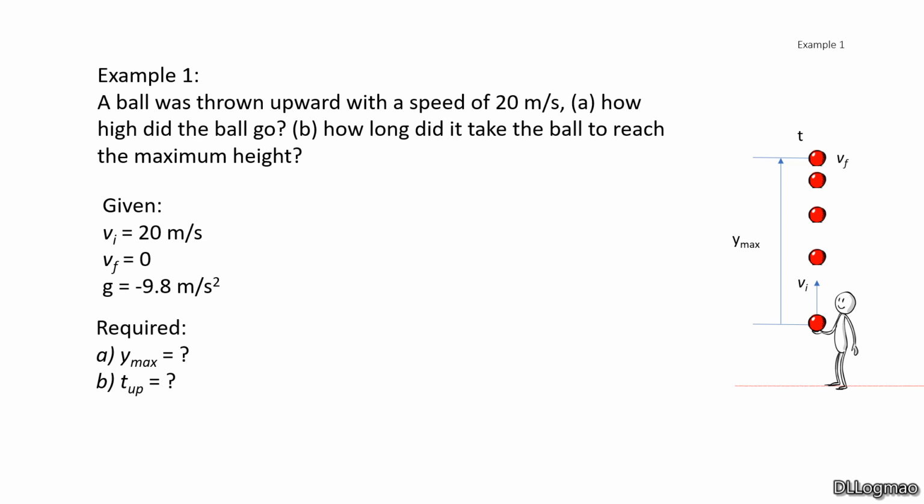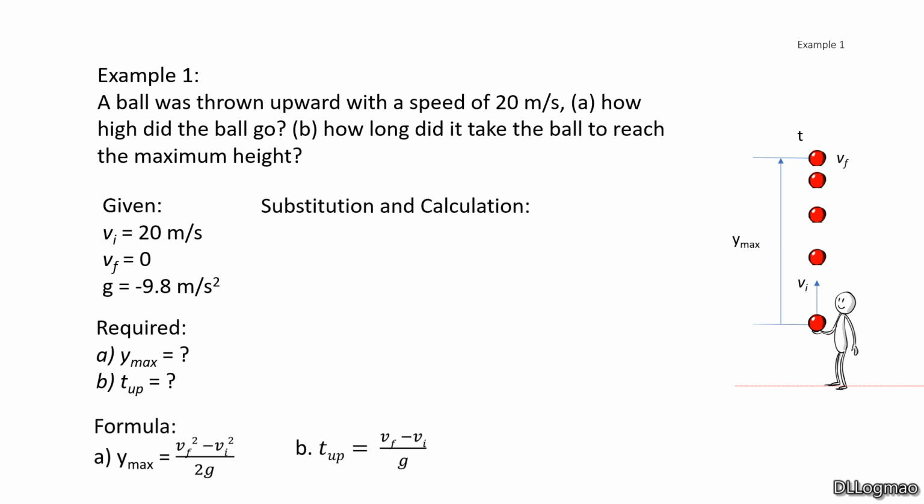The formula to use in computing for the required are: for letter A, y sub max is equal to the ratio of the difference in the squares of final velocity and initial velocity, and twice of the acceleration due to gravity. And the time sub up is equal to the ratio of the difference in the final and initial velocities and acceleration due to gravity.